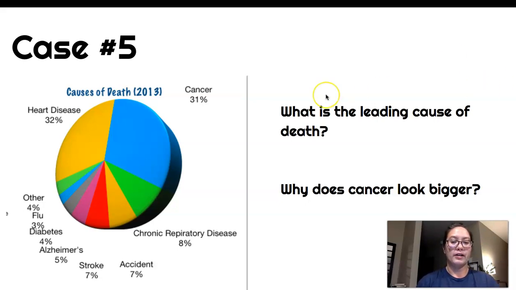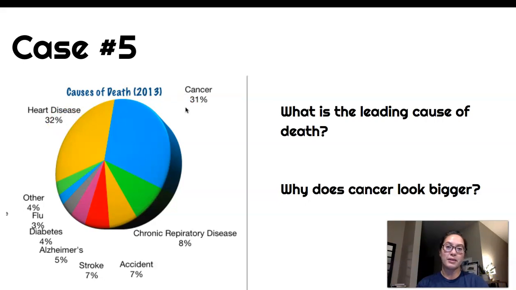All right, if I were to cover this up, you might not remember, but it looks like the blue one is the biggest chunk. It's 31% with cancer. And actually, heart disease is the most lethal thing for 2013. Well, why does 32 look bigger than 31?